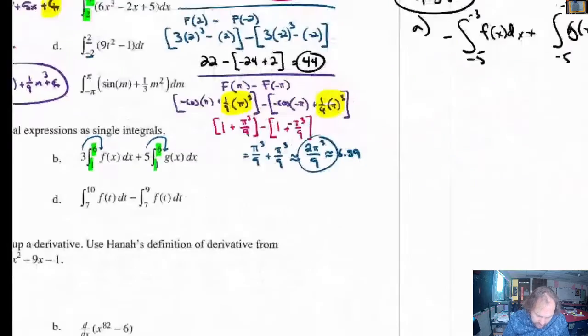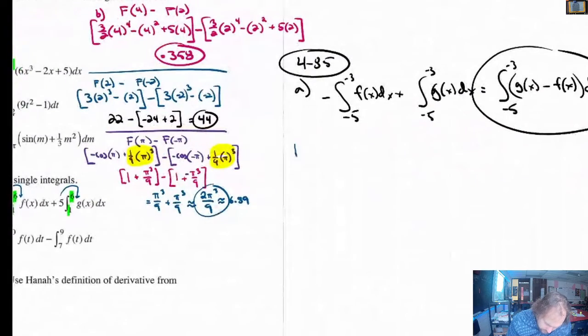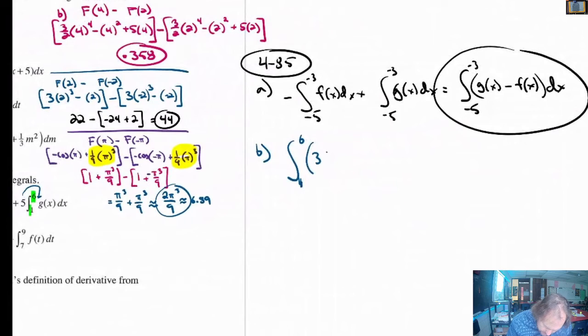And when we're all done, it's going to look something like this. You're going to have one integral from 1 to 6. But the f of x is going to get multiplied by 3. So it'll be 3 f of x plus 5 g of x dx, like that. Just put that number in front inside the integral. That's perfect. I like that just the way it is.